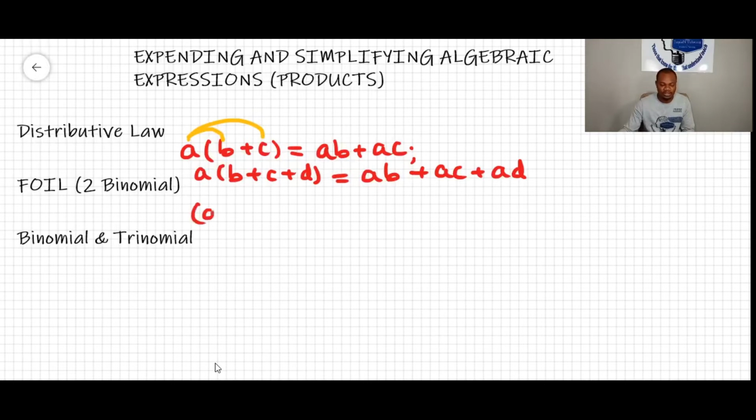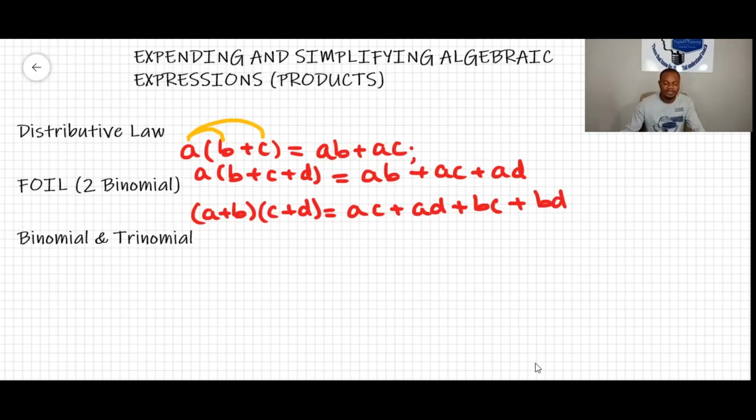So it's like A plus B, open brackets, let's say C plus D. This will be equal to AC plus AD plus CB, which is BC. If I prefer to do it in order, it is BC plus BD.